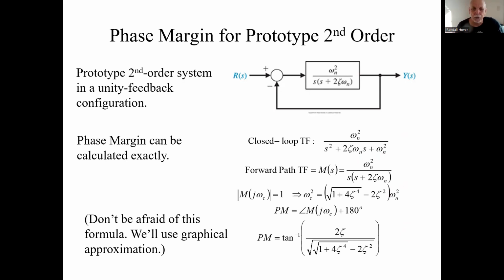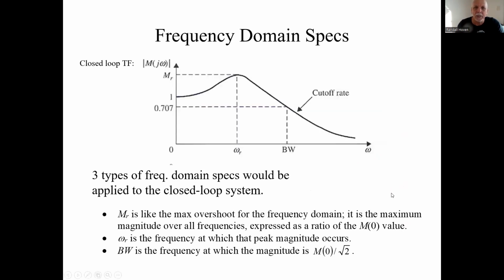Consider it an exercise for the reader. But that's the idea. We're using a prototype second order system and sort of the dominant pole concept to do approximations. So let's talk about some frequency domain performance specifications.